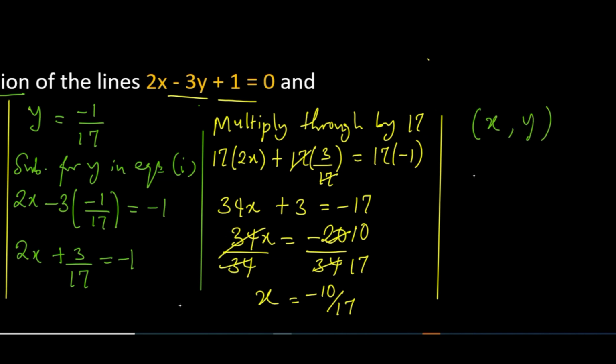Let's put them. So we have x to be equals to minus 10 over 17, comma, minus 1 over 17 as well. This gives us the final answer.